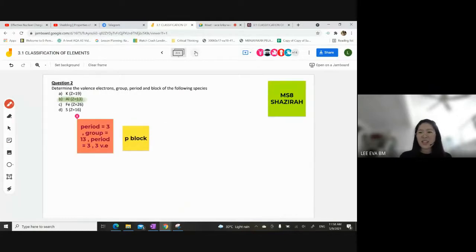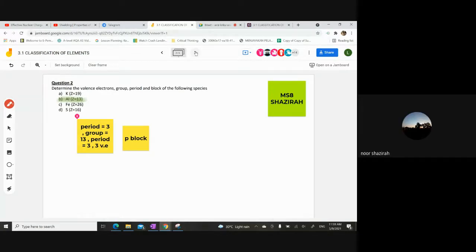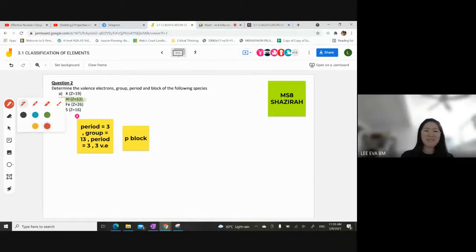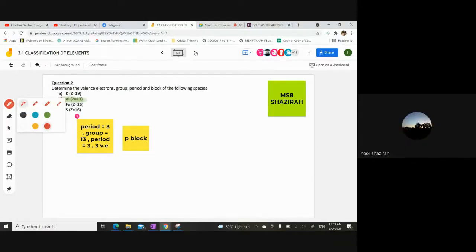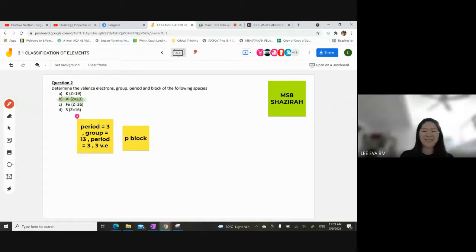Okay. Shazira, do you want to explain how you got period 3, group 13? Saya rasa saya salah. Salah kat mana? Kan dia last kali 3p1? So dia p block. Bagi tahu whether awak punya electronic configuration ialah apa.